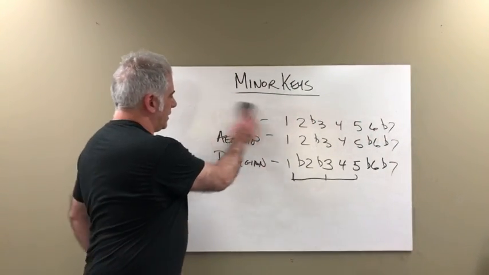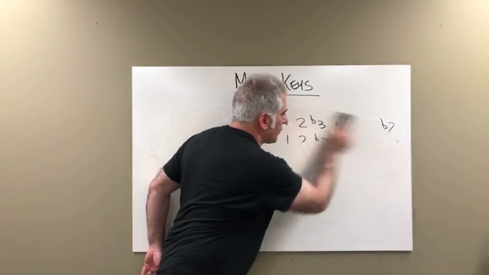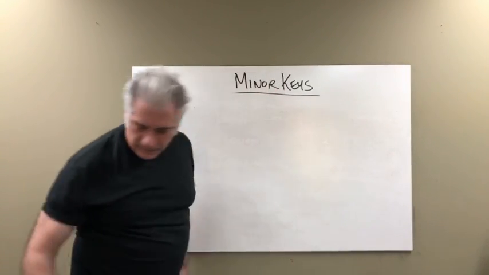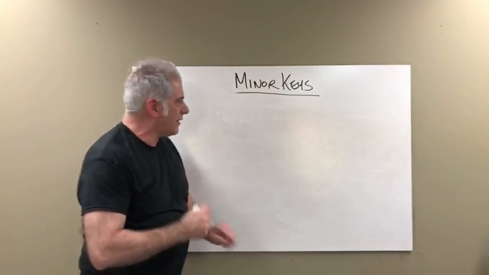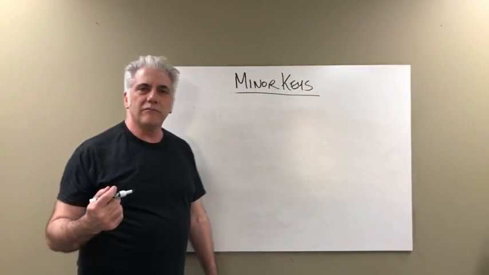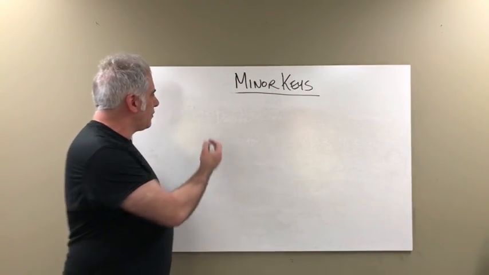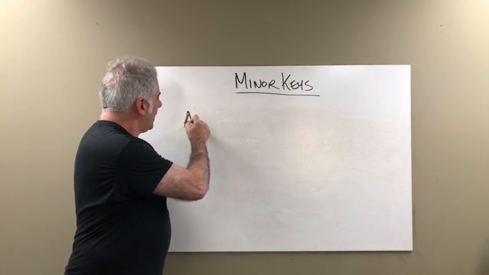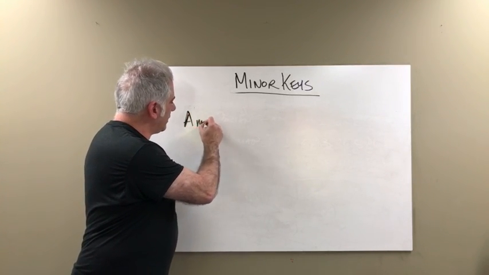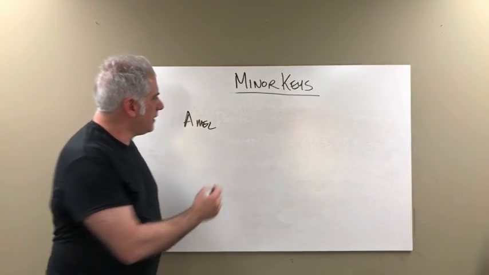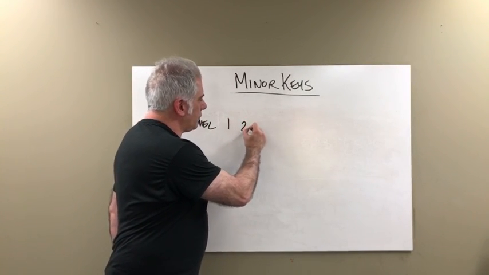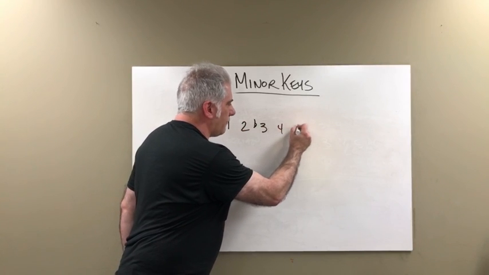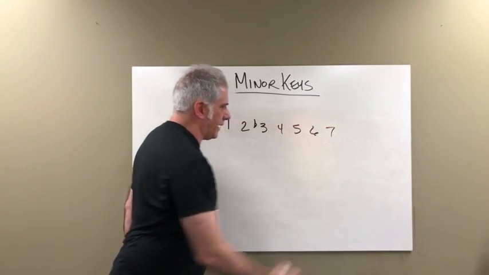It's actually a great question. It'd be easier to see it if I write it down. So typically classical musicians, in many pieces, you'll see melodies written like this. Let's say we take A melodic minor, ascending and descending. On the way up, you have 1, 2, flat 3, 4, 5, 6, 7, right?